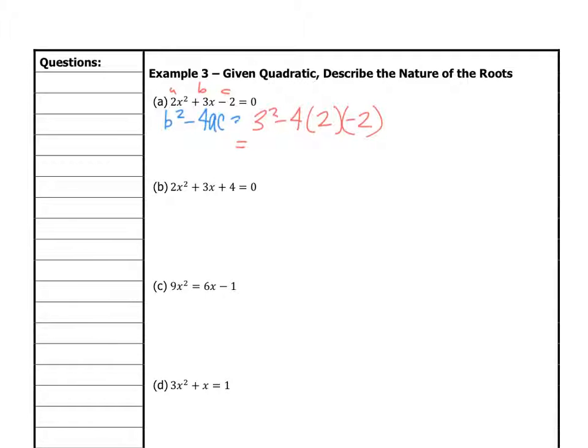So when I calculate it, I get 25. Now 25, remember, is greater than 0, and it is perfect. So from here, we're going to decide, is it real or imaginary? Write down your answer to the side here. Real or imaginary?